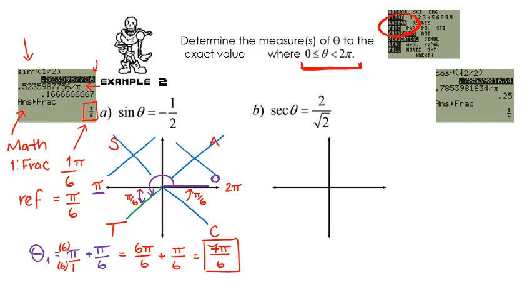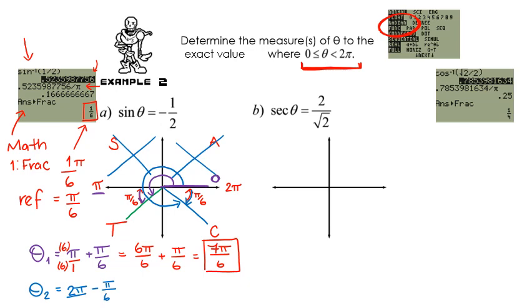And then for our second solution, if I'm measuring from 0 all the way up to our terminal arm in quadrant number 4, what we're going to do is start at 2 pi, and we're going to subtract that reference angle of pi by 6.